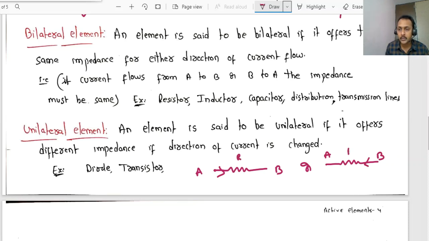It will not change whether the current flows from A to B or B to A. It offers the same impedance for either direction of the current flow.